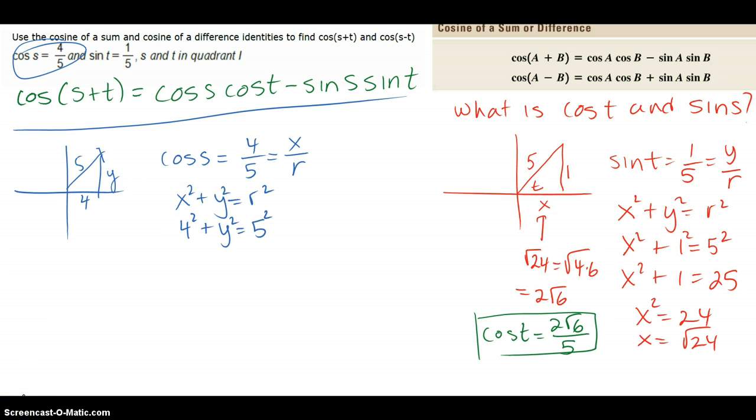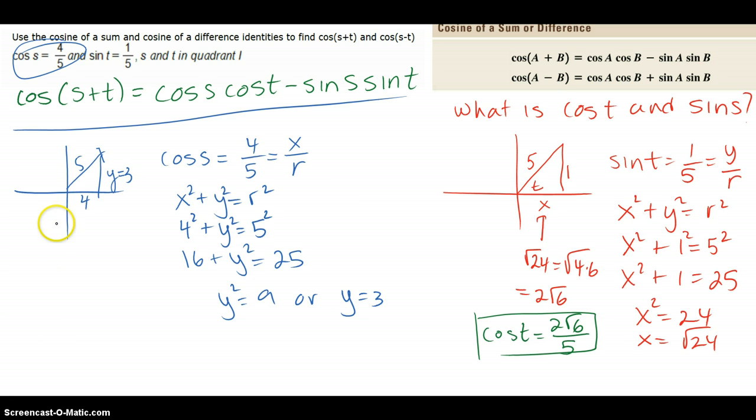We know that x squared plus y squared is r squared. Plugging in the 4 and the 5, we would get 16 plus y squared equals 25, y squared equals 9, or y equals 3. So we know this is a 3.